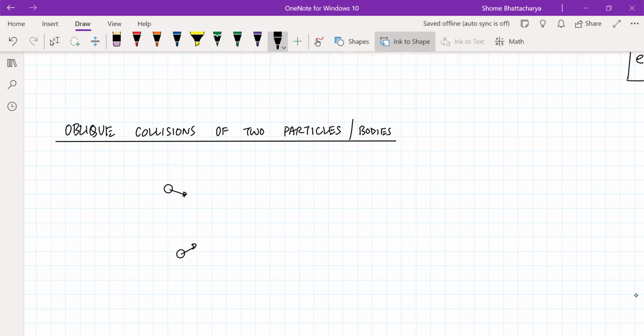Supposing, when they come in contact, the collision impulse will act along the center to center line if they are spherical or round bodies like this. And as a result of that, after impact, their velocities might become like this.